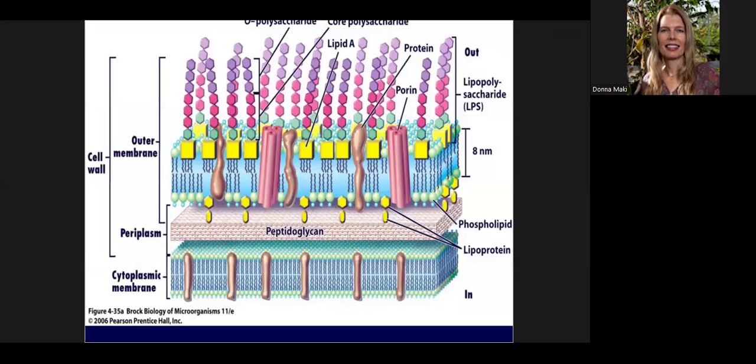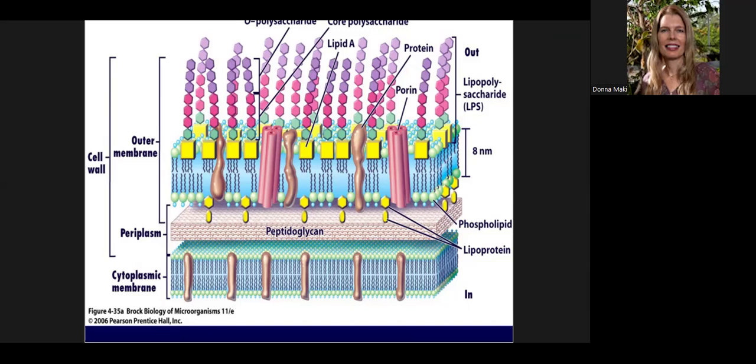So here's a gram negative, pretty busy slide. So starting at the bottom, you see the cell membrane, phospholipid bilayer membrane. Then you see a relatively thin peptidoglycan in the periplasm. Then this is your outer membrane. You can see it's a bilayer because you have that gap, but they're not mirror images of each other, like what you see in the cell membrane.